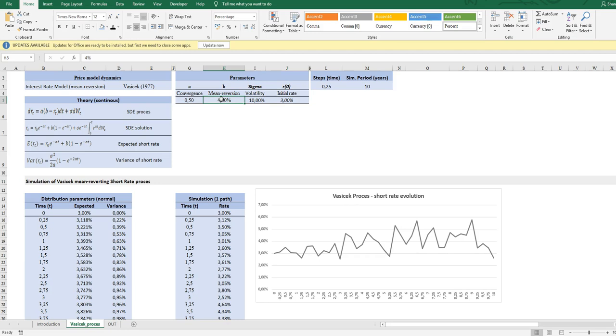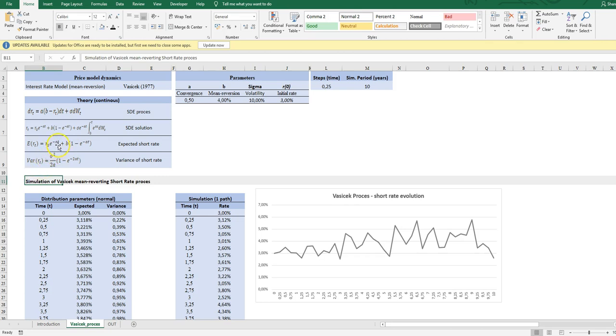Note that the mean reversion level b is also the long-term value in the process. So if we assume that t goes to infinity, we will get a rate at 4%, and we can probably see this in this equation.